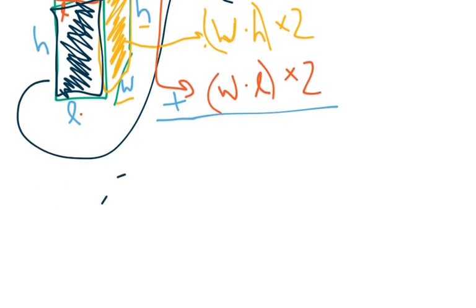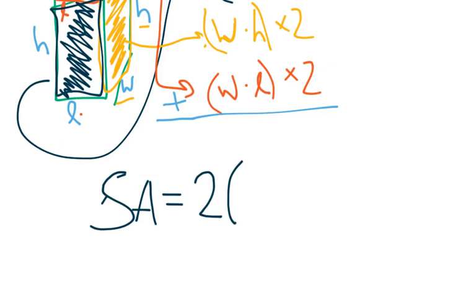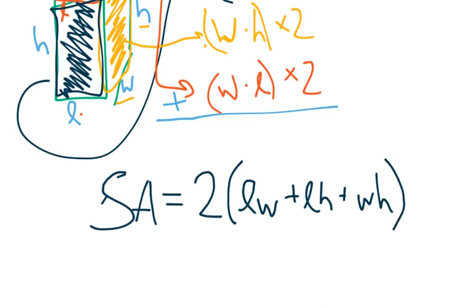So surface area is equal to 2 times length times width plus length times height plus width times height. So we just have to make sure that we pair all those three dimensions together, then multiply them individually, add them all together, and times it by 2.